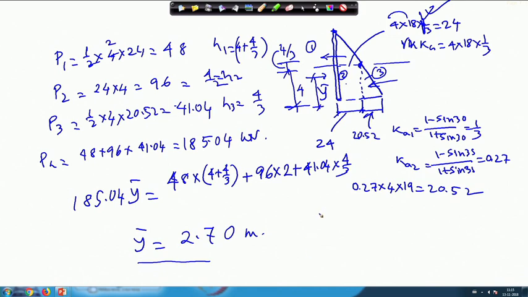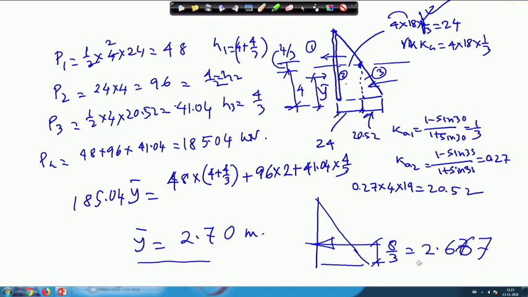For a triangular diagram it should be 1/3 of the height, so 8 by 3, which is 2.667. Instead of 2.667, because of these two layers and the minor variation, the height of the point of application is becoming 2.7 meter.